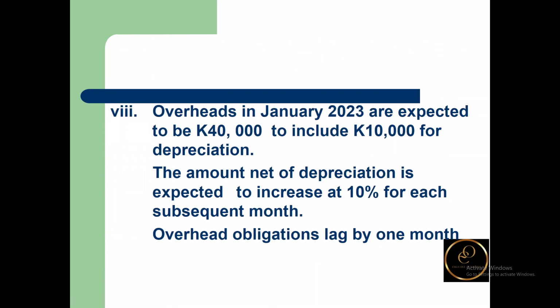Then we also have overheads in January 2020 expected to be 40,000, to include 10,000 for depreciation. The amount net of depreciation is expected to increase at 10% for each subsequent month. Overhead obligations lag by 1 month. Okay, so now here is a catch.